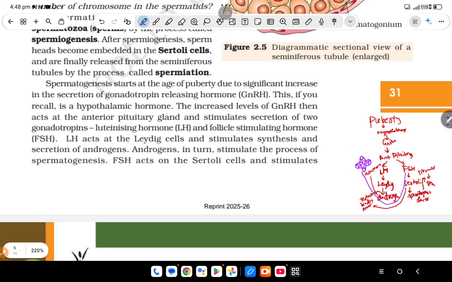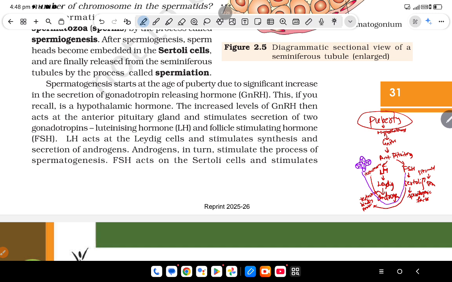Spermatogenesis actually starts from puberty, due to a significant increase in GnRH. The increase in GnRH acts on the pituitary, meaning an increase in gonadotrophins, LH and FSH. First, LH acts on Leydig cells, which release androgen. Androgen helps in spermatogenesis.